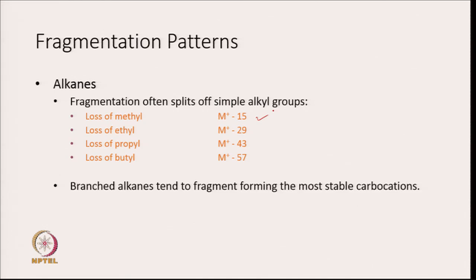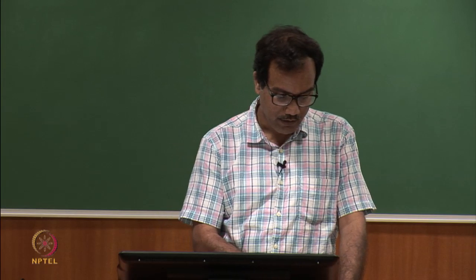So, the peaks obtained will be 15 units smaller than the molecular weight, 29 units smaller, 43 units smaller, and 57 units smaller. Branched alkanes tend to fragment, forming the most stable carbocation.